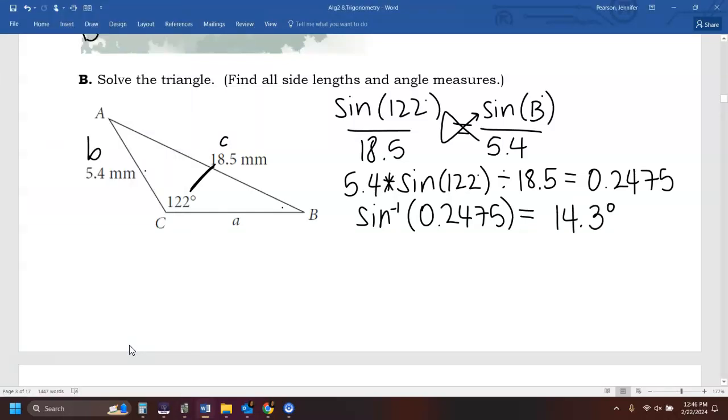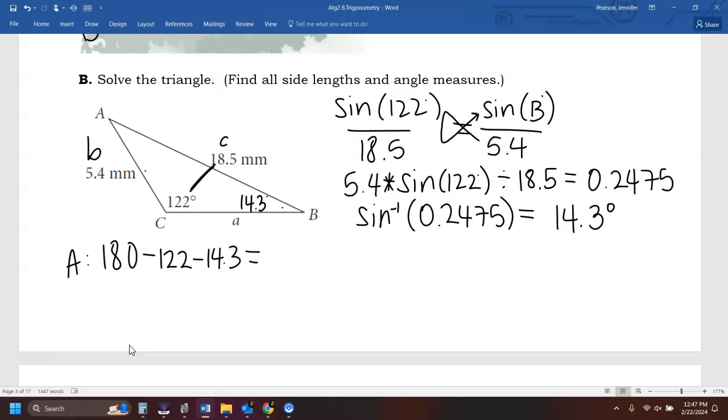Okay, now we only have one of the 3 answers that we're looking for. To get the next answer, we're going to think back to our geometry knowledge and remember that the 3 angles of a triangle always sum to 180 degrees. So to get the answer for capital A, we're going to do 180, which is the total of the 3 angles, minus the 2 values that we know.